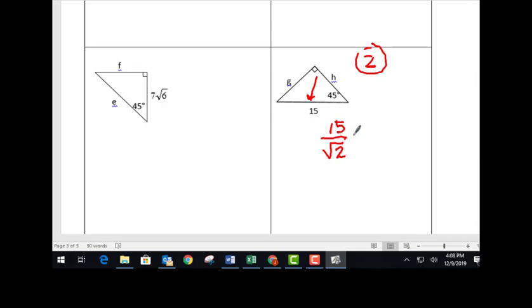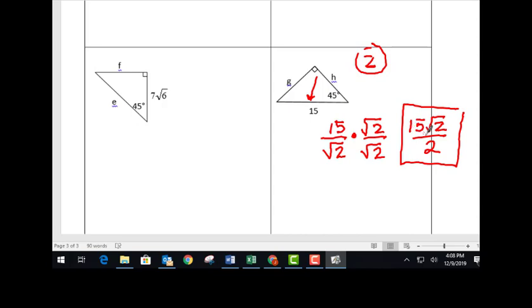That means I have to rationalize the denominator and multiply the numerator and the denominator by square root of 2, which would give me 15 square root of 2 divided by 2, because square root of 2 times square root of 2 is 2. That would be all she wrote because we cannot simplify 15 and 2. So here G, which is the same as H, would equal 15 square root of 2 divided by 2.